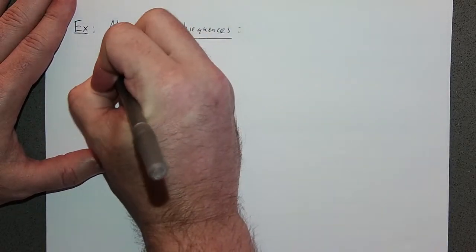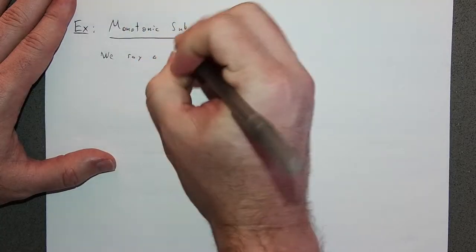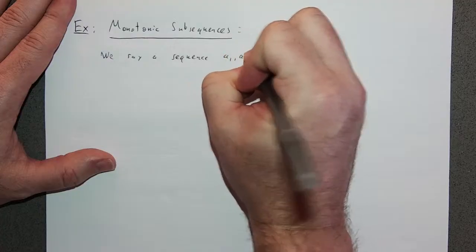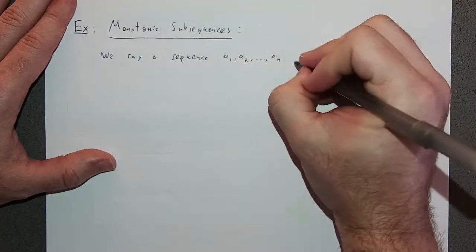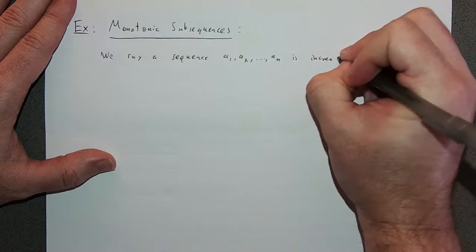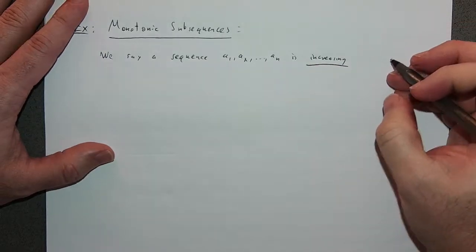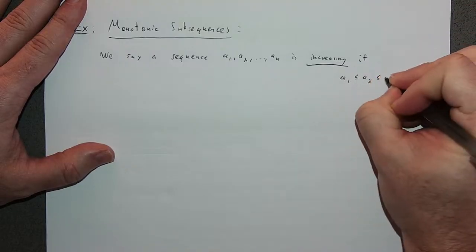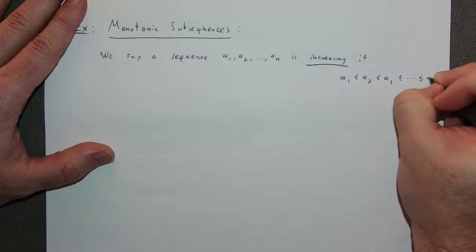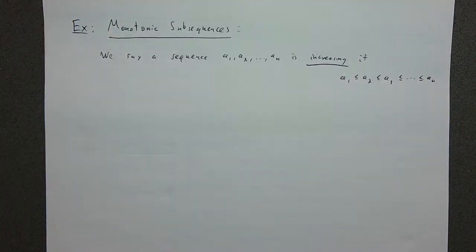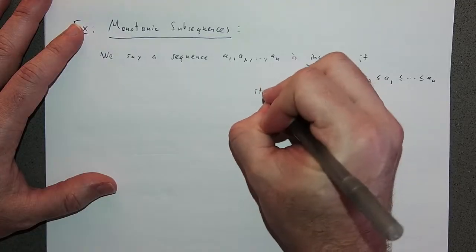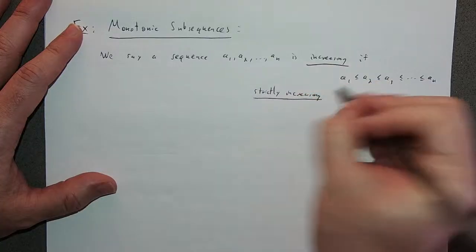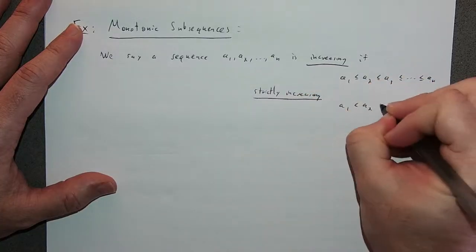We say a sequence a sub 1, a sub 2, and so on out to a sub n is increasing if a sub 1 is less than or equal to a sub 2 is less than or equal to a sub 3, and so on. And strictly increasing, of course, implies that these inequalities are strict.